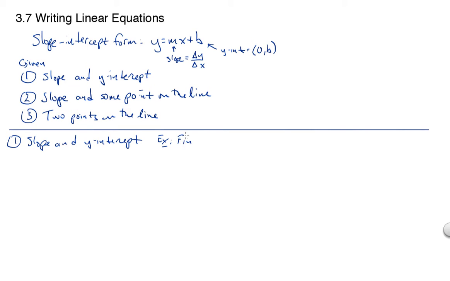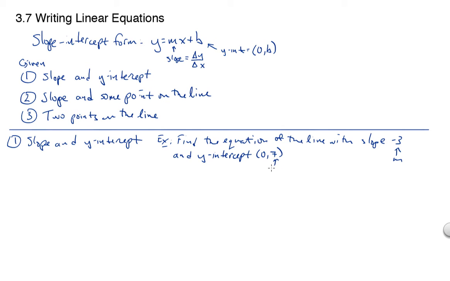Find the equation of the line with slope -3 and y-intercept, let's say 0,7. Well, there's your m, and there's your y-intercept b.